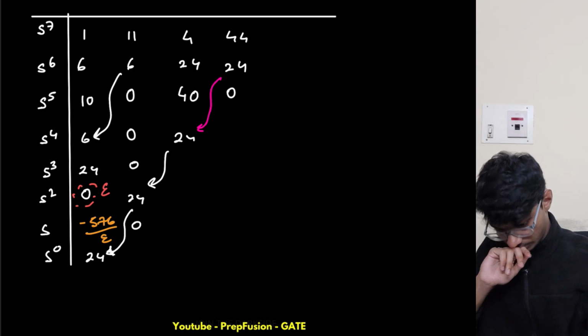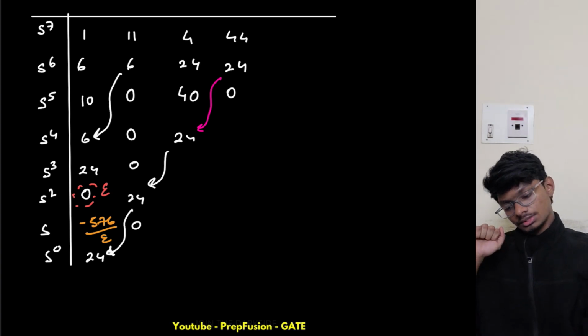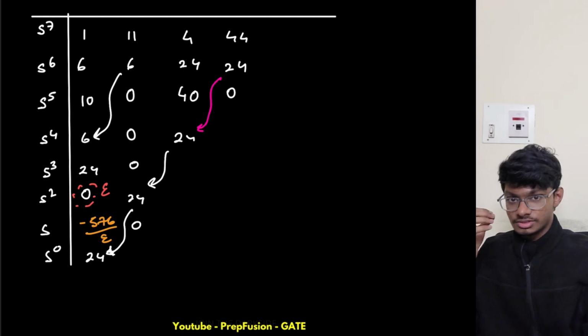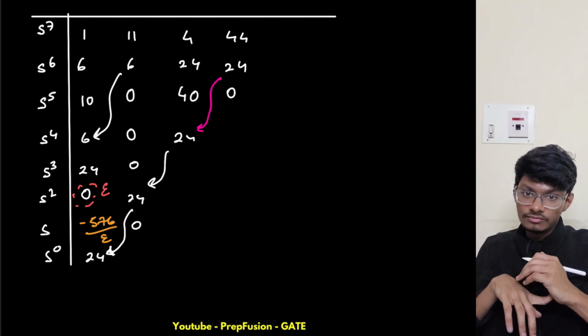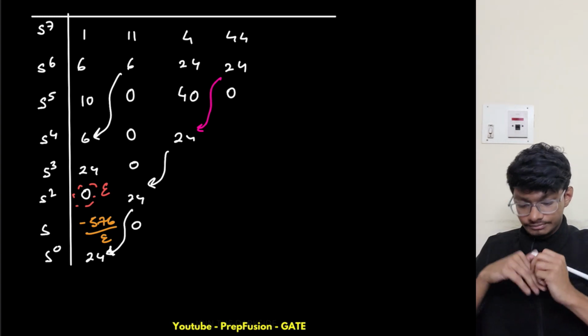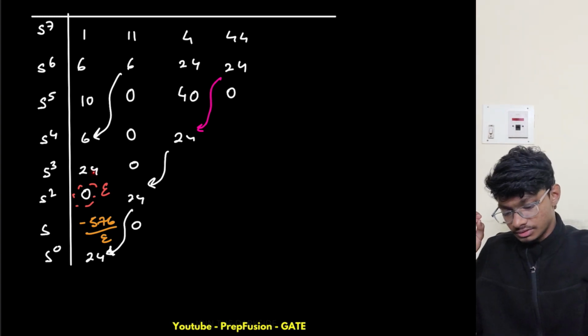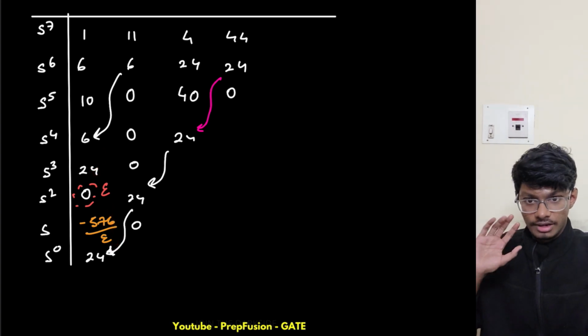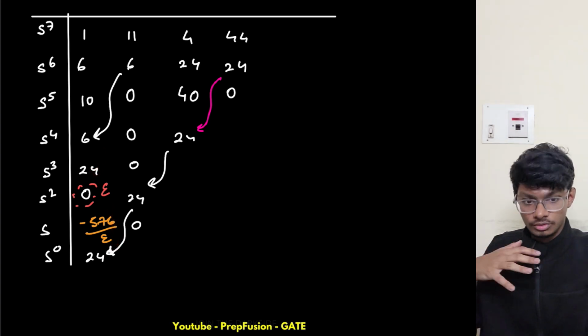So right now this is 24. Now how many sign changes do I have? What was the condition for the sign changes? They told us to look above this one and below this one, how many sign changes I have. Basically above the epsilon and below the epsilon.